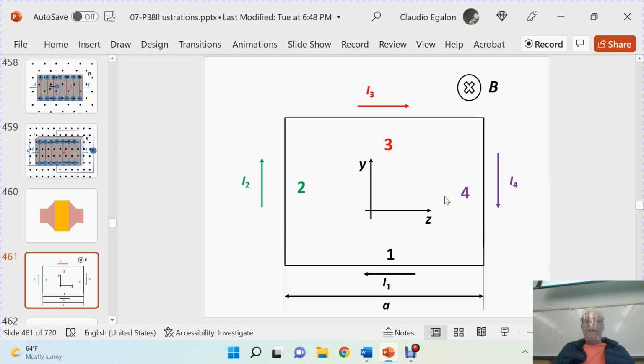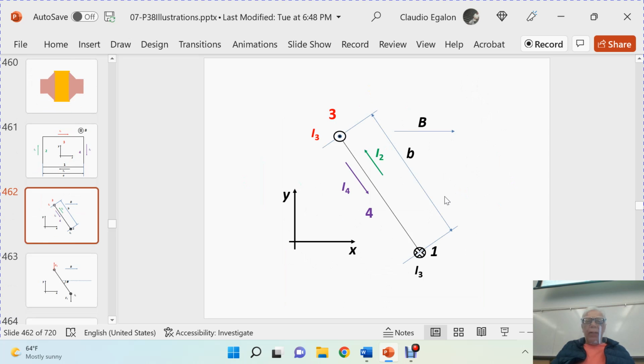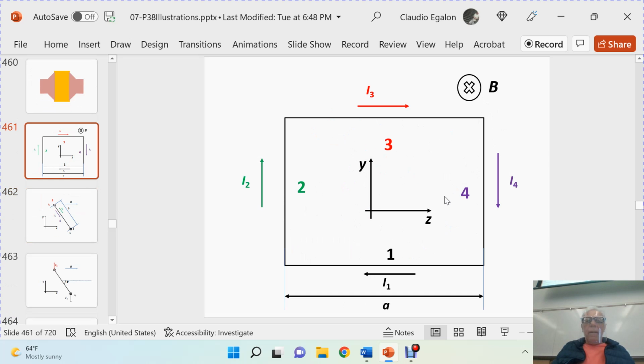You're going to have some forces in there. I1 cross B is going to be downwards. I3 cross B is going to be downwards as well, right? No, let's see. I1 cross B downwards, I3 cross B upwards.